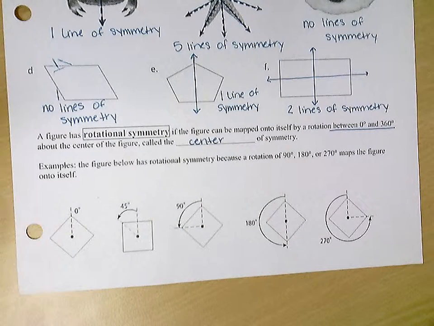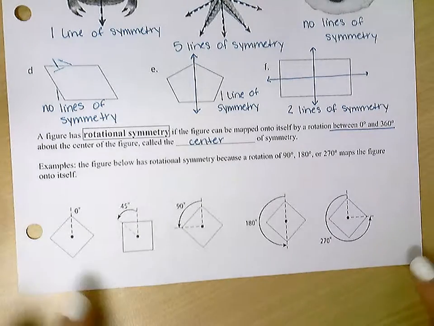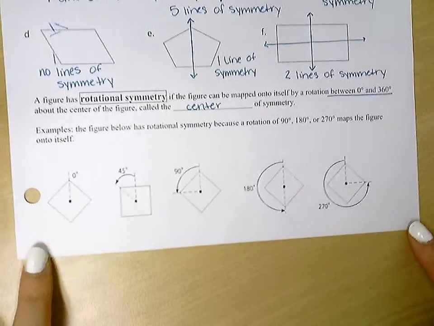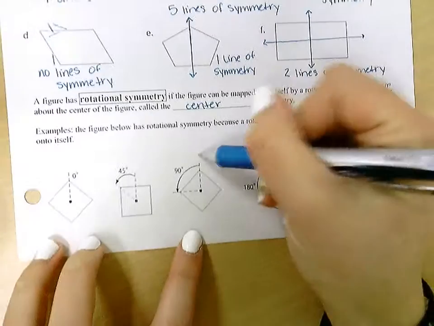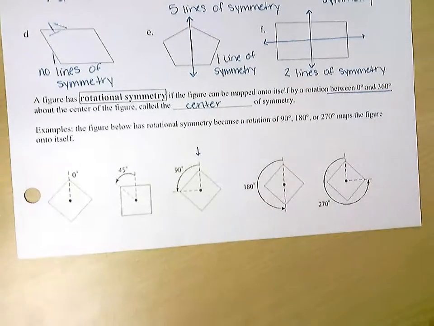Okay, so you need to find the center of that figure. You need to take a piece of that figure and we can rotate it so many degrees to map onto itself as you rotate it around. Okay, so with a square here, you would start at 90 degrees.